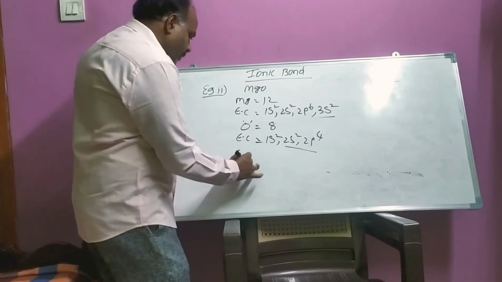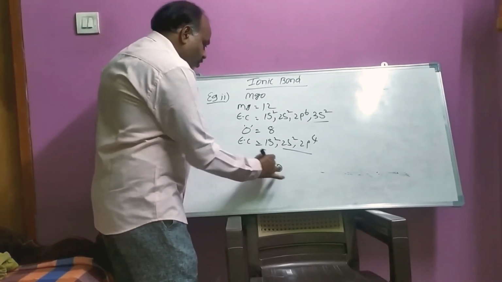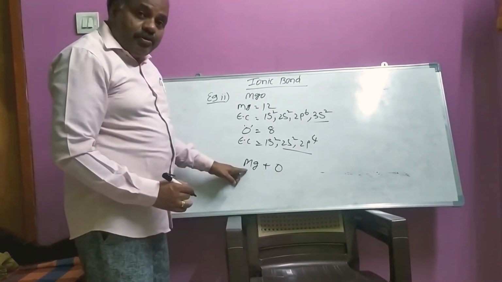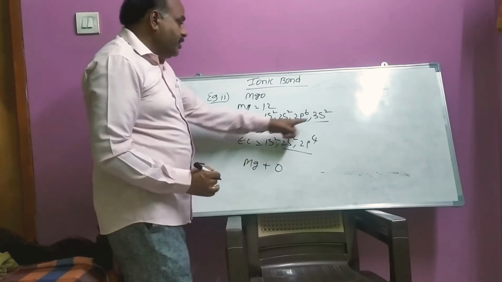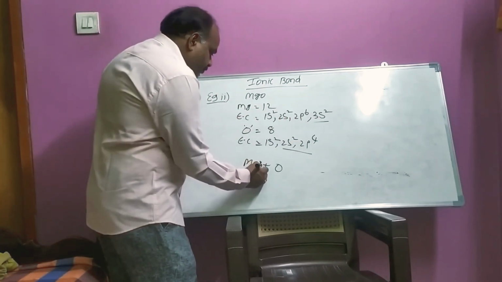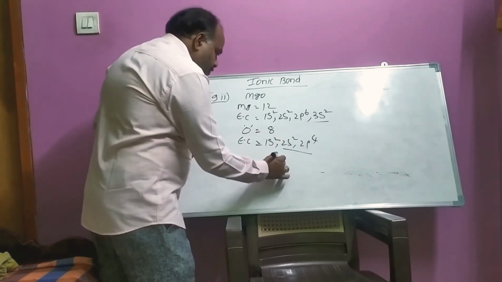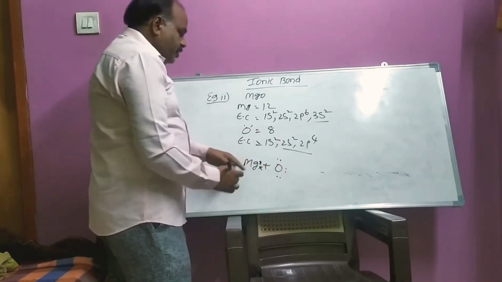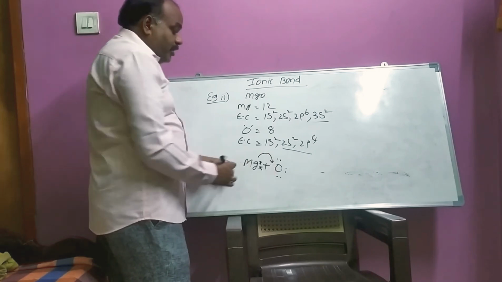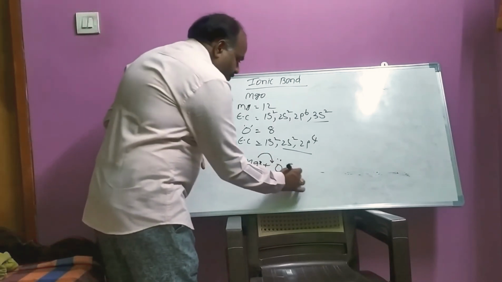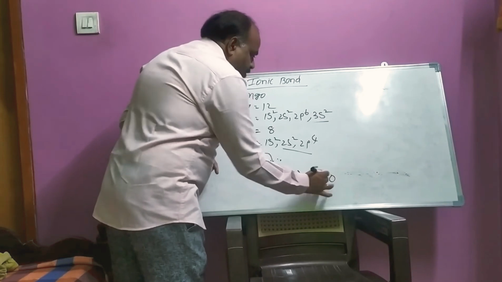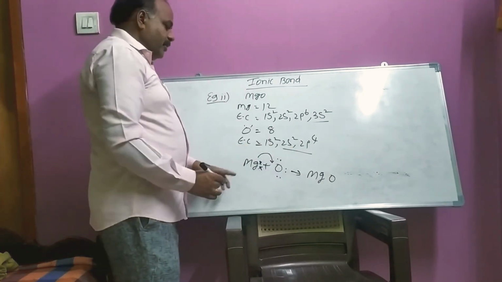Look here, magnesium plus oxygen. So according to Lewis dot structure, magnesium is having 2 electrons in outermost orbit, oxygen 6 electrons. So these 2 electrons are transferred from magnesium. In that way, bond is formed between magnesium and oxygen.